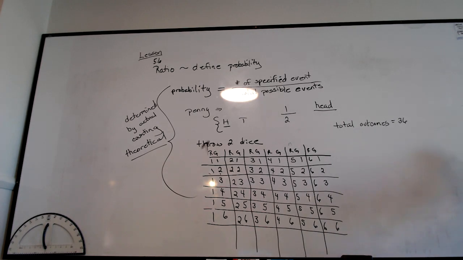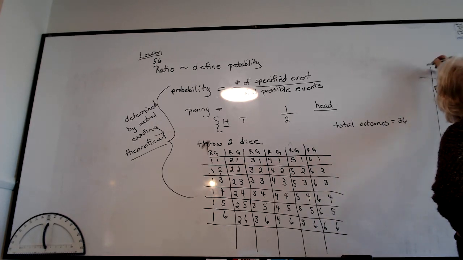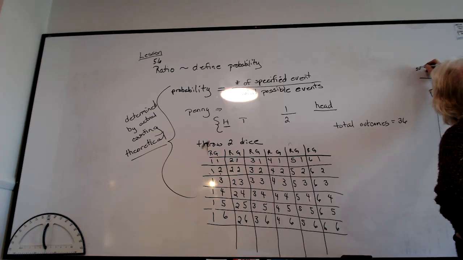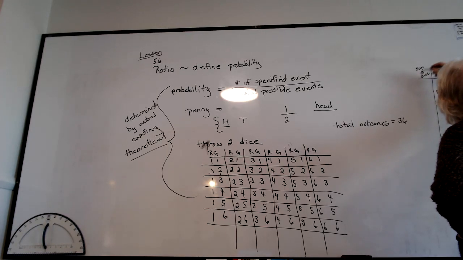Sometimes what we do is ask, what's the probability of getting a certain sum? So we're going to look at what's called a frequency chart. This is the sum of the dice, and this is the number of possible occurrences.